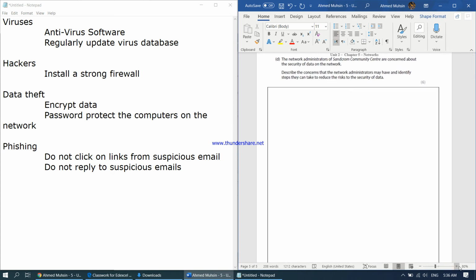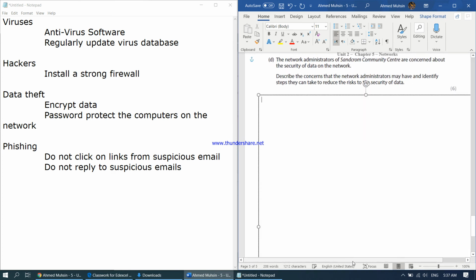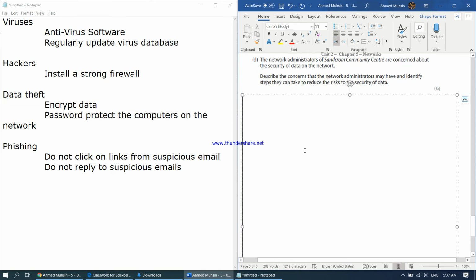So we can go on to write: the network administrators would be concerned that viruses could enter the network from the internet and from removable storage devices such as pen drives.